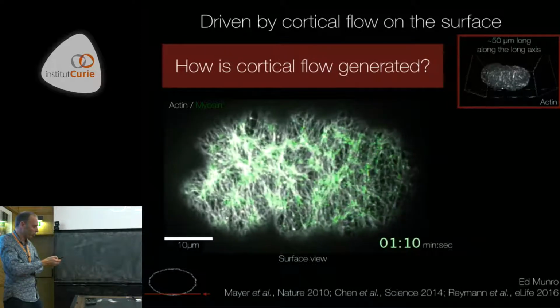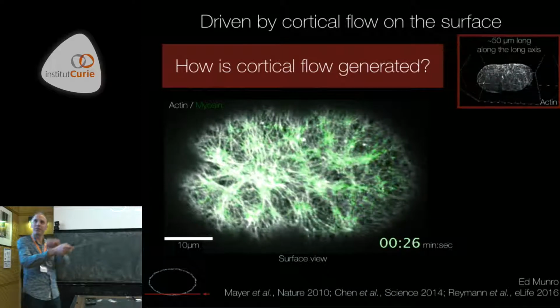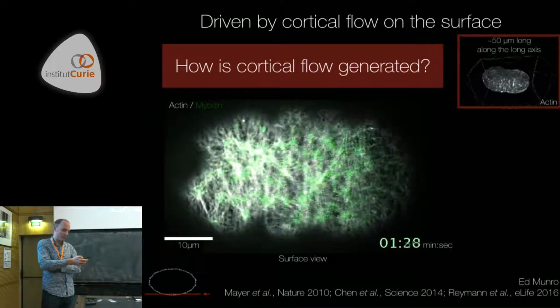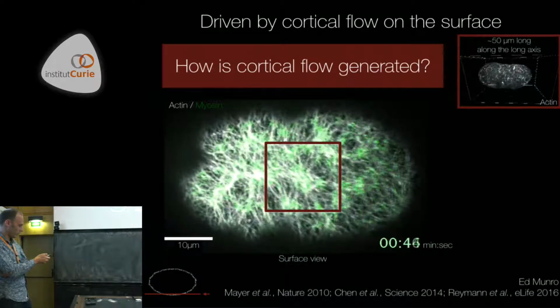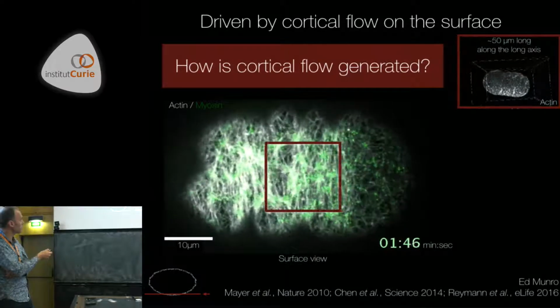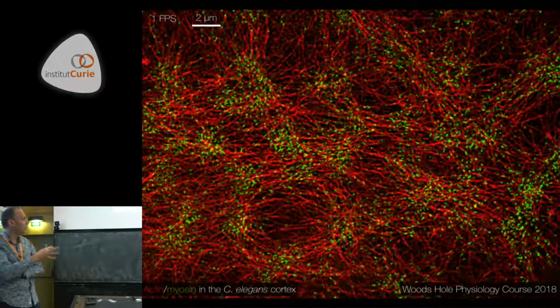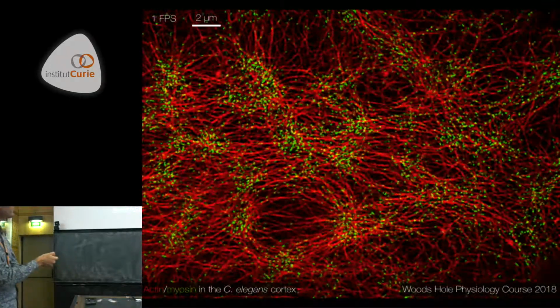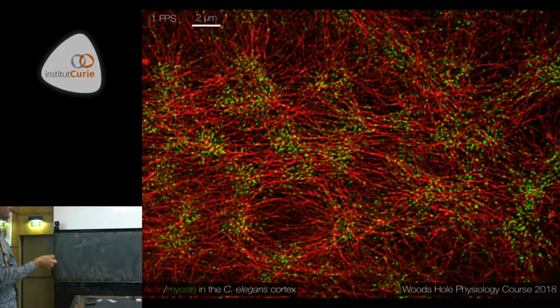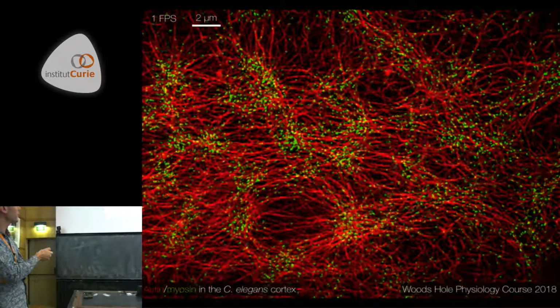And one way to, of course, try to answer that is to invest in the best and biggest microscopes possible. And I'm going to show you what our best images are, and I'm just going to zoom into a region of this size. And if you go to a fancy microscope with structured illumination, which we had access to at Woods Hole last summer and this summer, this is what you can see.